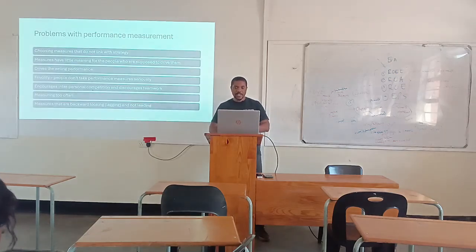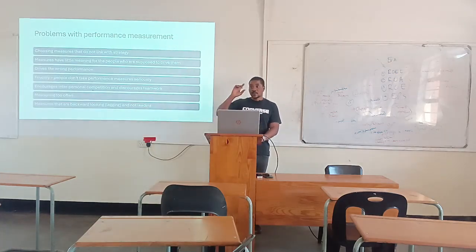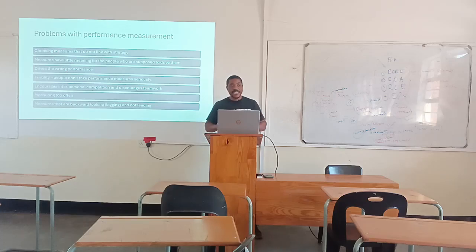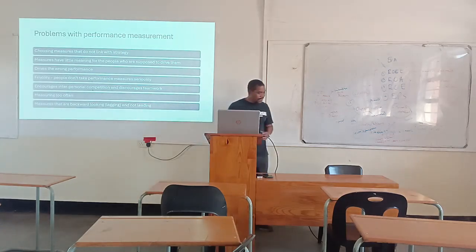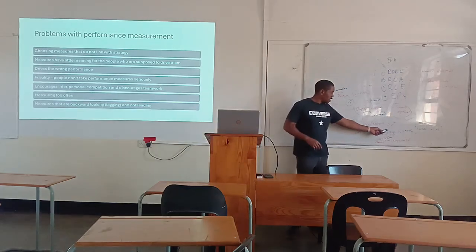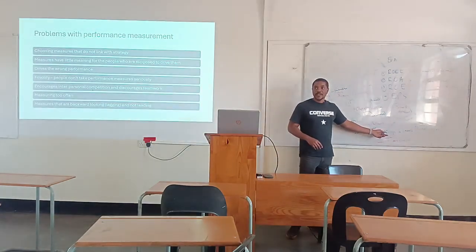But before that, we have to look at the problems. So we have seen that we need to improve the performance and identify the root cause of slackness in performance. Even the improved performance, we need to identify the root cause.